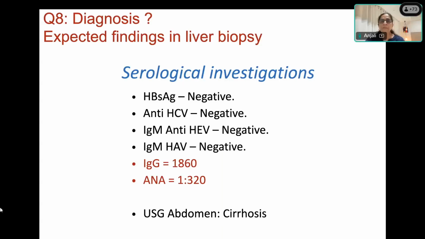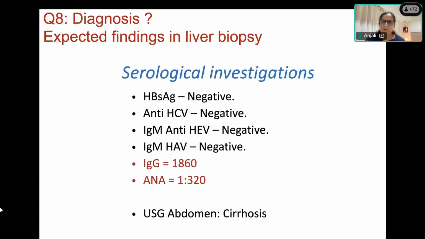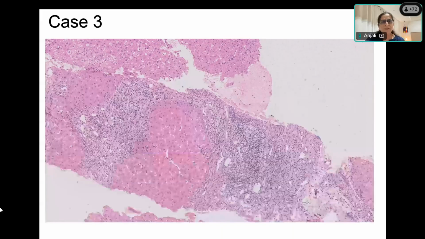Okay, good. So let us see the liver biopsy. Is it that easy to diagnose autoimmune hepatitis with these investigations? According to me, it is not that difficult, but let us see. This is the liver biopsy in a patient with chronic hepatitis. What you can see here are all features of chronic hepatitis, a lot of portal inflammation, and liver fibrosis, with almost dense inflammation in the portal and periportal area.